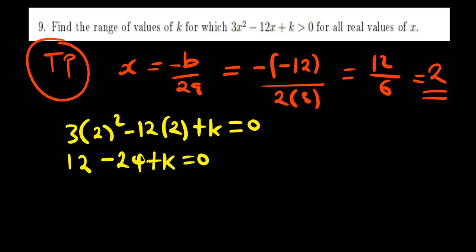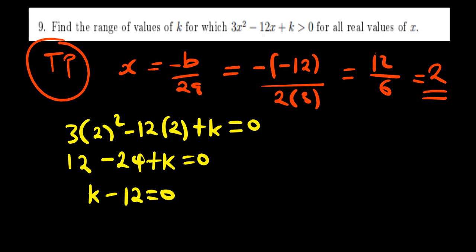Let's solve this. 12 minus 24 is negative 12, so I can write it as k minus 12 equals 0.